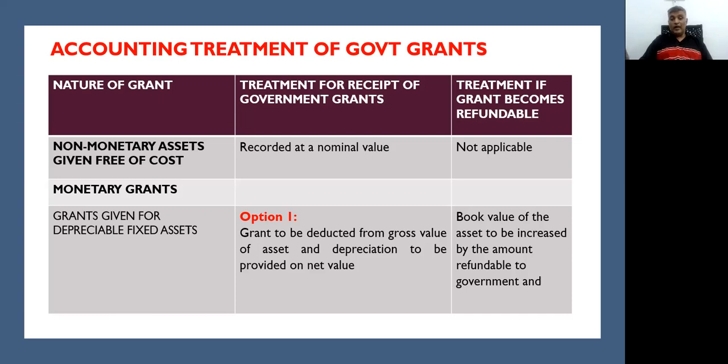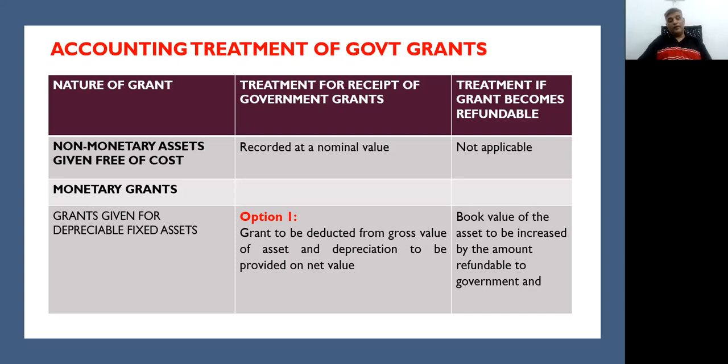So whenever you buy the asset, you pass the entry fixed asset to bank. And when you receive the grant in relation to a fixed asset, we pass the entry bank account debit, fixed asset credit. That is option one. And the depreciation should be provided only on the net value.